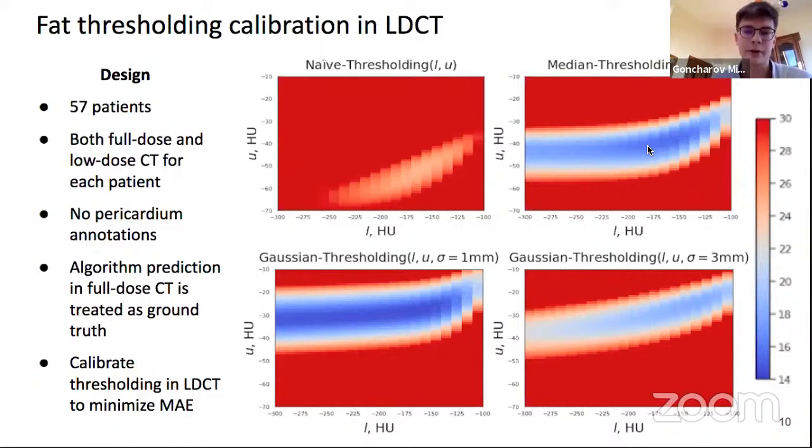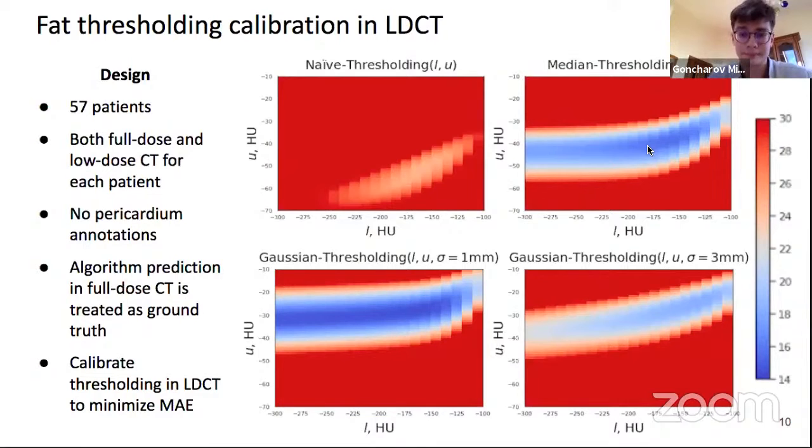And then we varied the thresholding parameters in low dose CT images in order to minimize the mean absolute error between the resulting volumes in low dose CT images and the calculated ground truth volumes in full dose CT images. So in these plots, you see the results of this calibration.